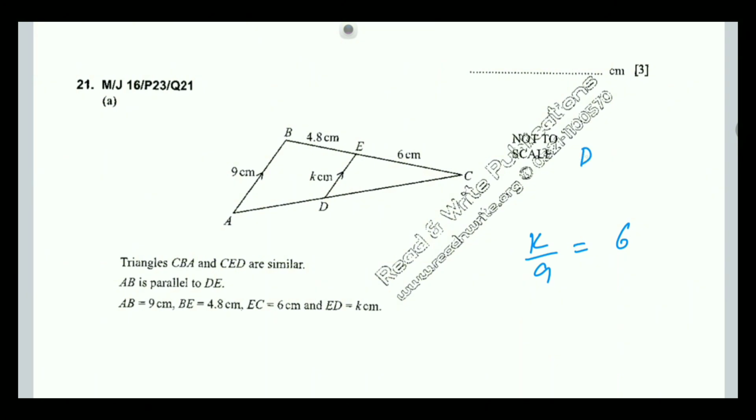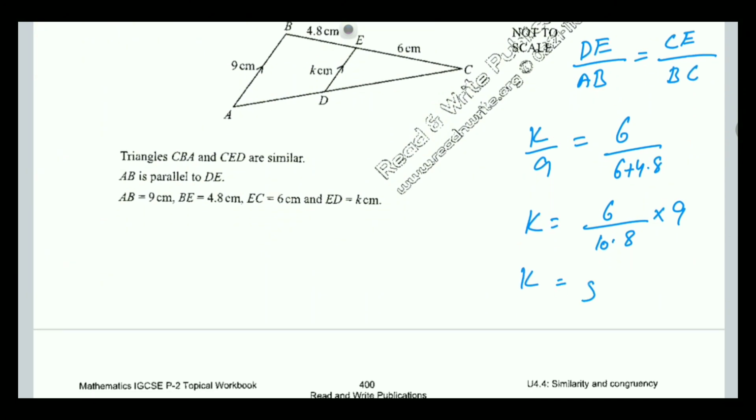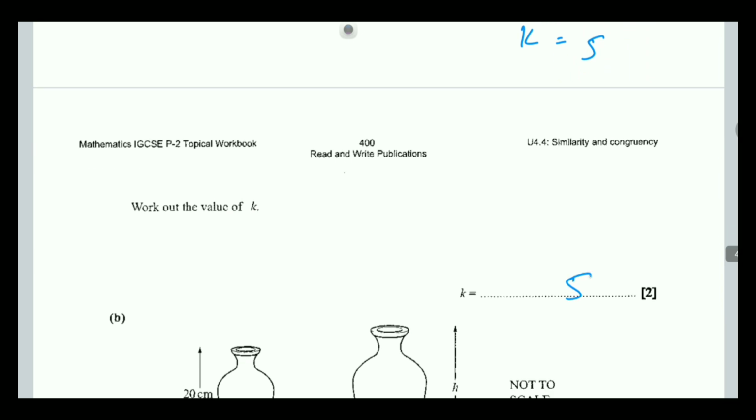So DE is the corresponding side of AB, and smaller triangle CE, its corresponding side is BC. 6 over BC will be 6 plus 4.8. So how you will make K the subject? 6 over 10.8 multiplied by 9. If you put it in calculator, you will get your answer, that is 5. So 5 will be your final answer.